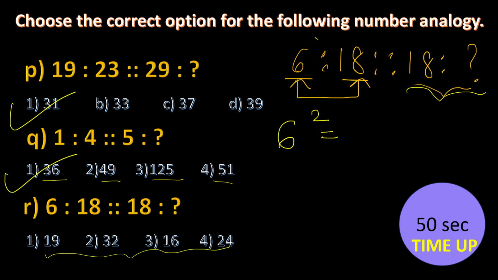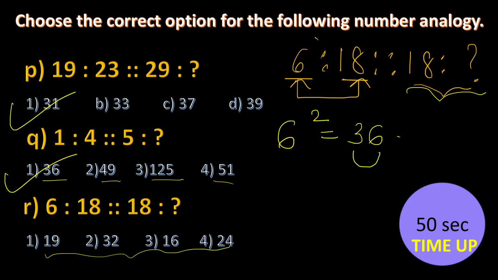No. So that logic will not go. Multiplication and all will come afterwards. First try prime, square, cube. So 6 square is 36. 3 plus 6 will give you 18. No.